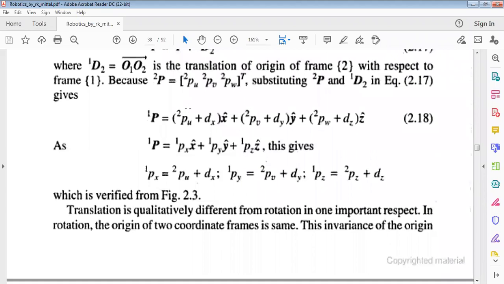This is the actual full form of the above equation.